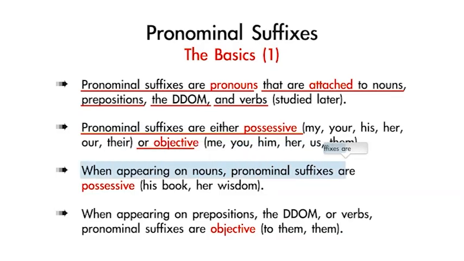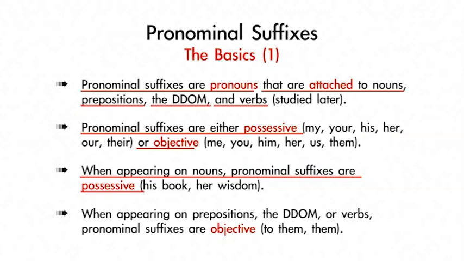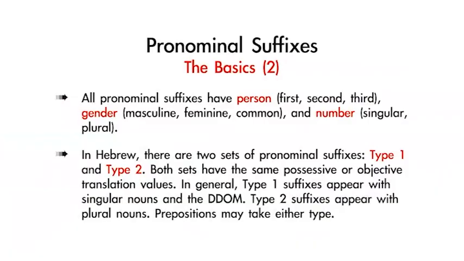When appearing on nouns, pronominal suffixes are possessive, his book or her wisdom. When appearing on prepositions, the definite direct object marker, or verbs, pronominal suffixes are objective, to them or simply them. Once again, pronominal suffixes are going to be either objective or possessive, depending on what they're attached to.